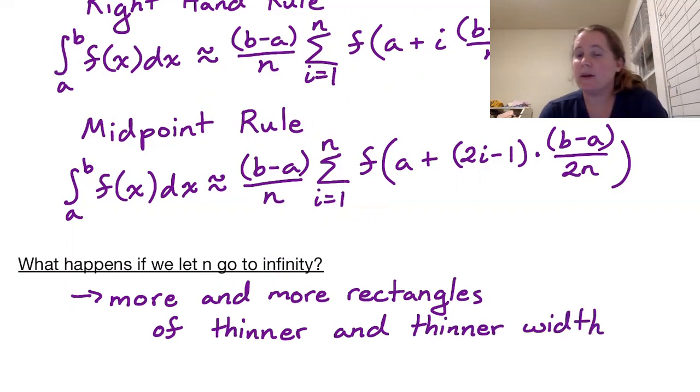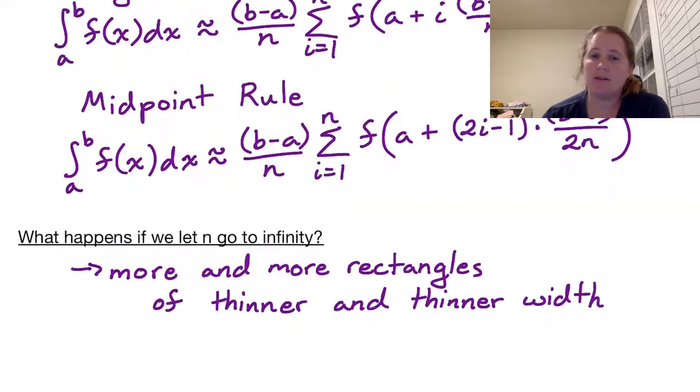And as we let these rectangles get thinner and thinner, the less chance they have of underestimating or overestimating area by very much, right?